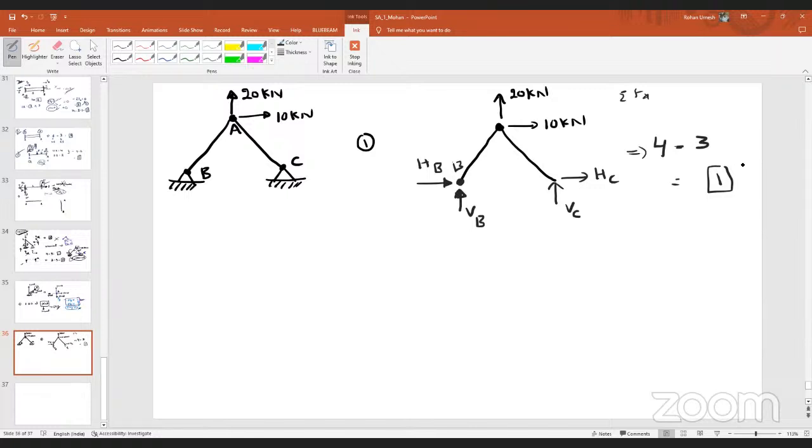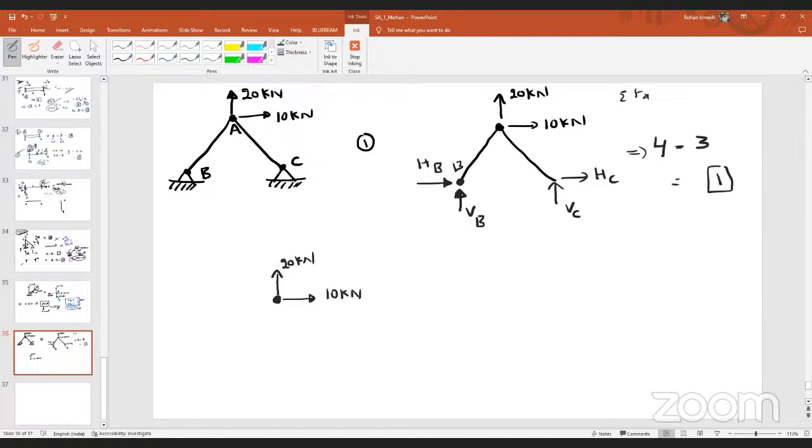But still, now, instead of drawing for the entire truss, I will draw the free body diagram at point A. At point A, first of all, represent the applied forces, 20 kilonewton, and here 10 kilonewton, isn't it? Any other forces will exist?